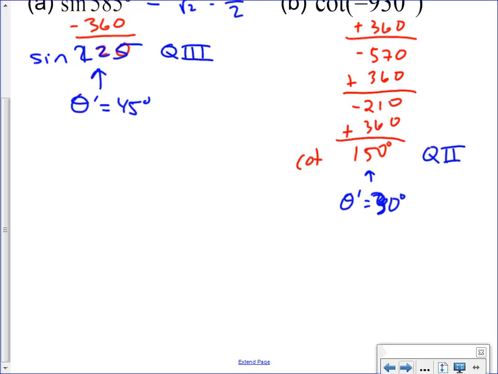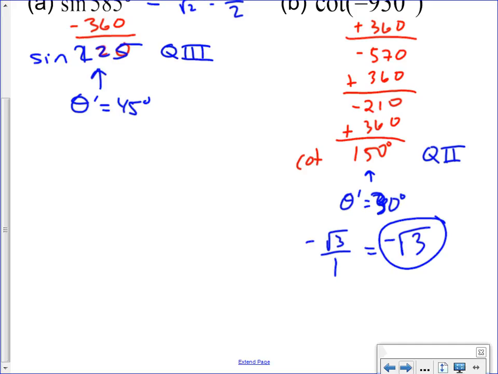Cotangent is adjacent over opposite. Adjacent is going to be root 3 over 1, which is just root 3. But since we're in quadrant 2, it's going to be negative. So it's going to be negative root 3.